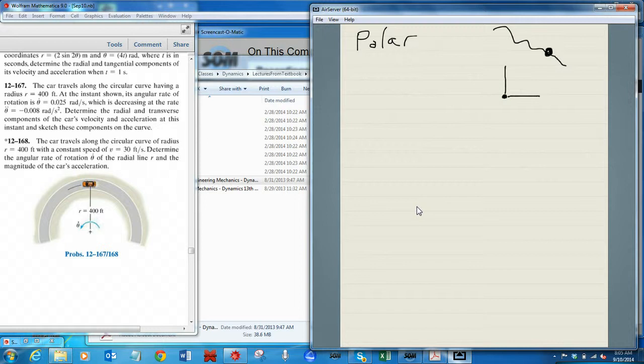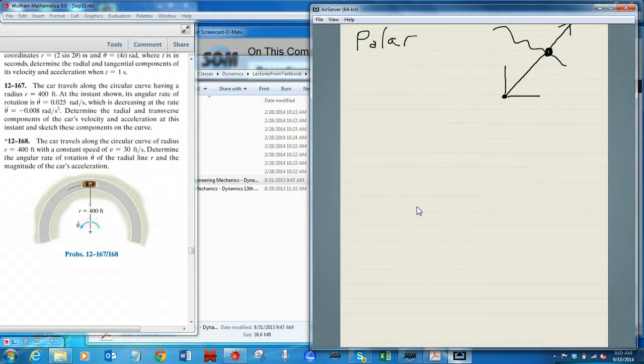If you use X, Y, what you do is you can establish a coordinate system. Polar is an angle. So the very first thing you do is draw it through, just like I did. That's the first step. Then you say, okay, that is the direction.